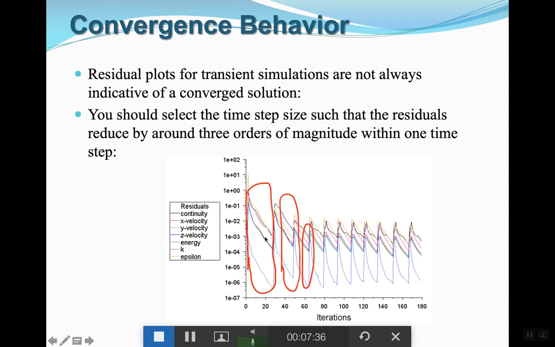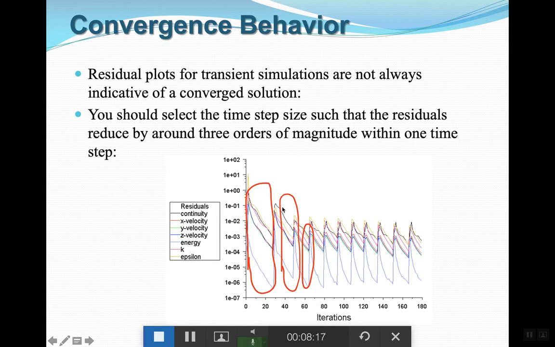Keep in mind, it does not necessarily fill all the 20 iterations, because it might achieve convergence way before those 20. And as soon as it achieves convergence, because you have convergence criteria in place, it will move to the next time step. So the residuals start going down, and at some point around here, all the results satisfy the criteria for convergence, and we move to the next time step.